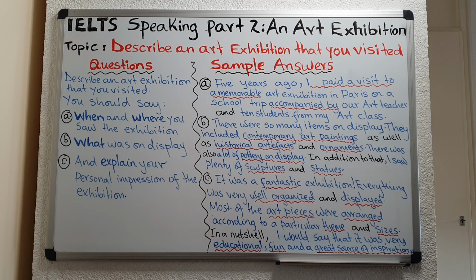They included contemporary art paintings as well as historical artifacts and ornaments. There was also a lot of pottery on display. In addition to that, I saw plenty of sculptures and statues.